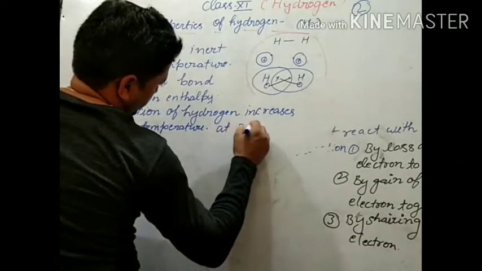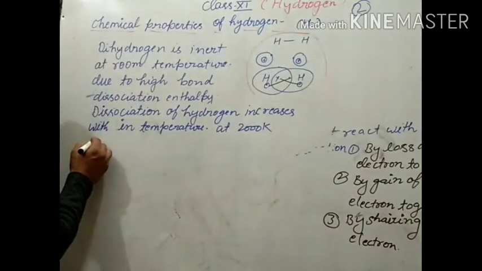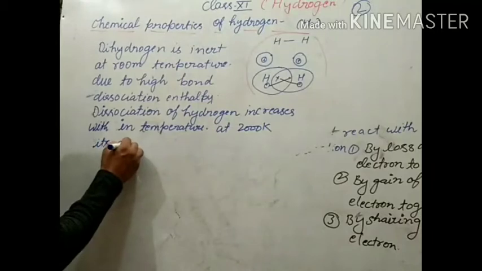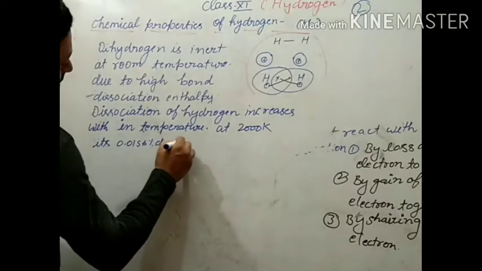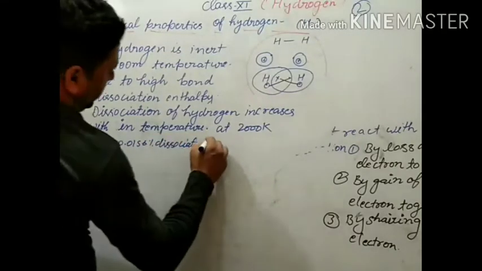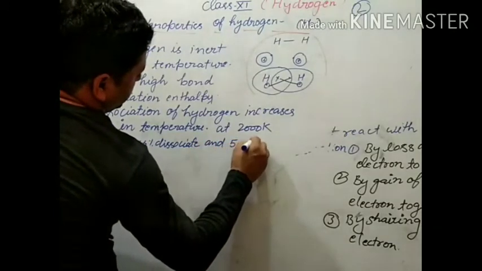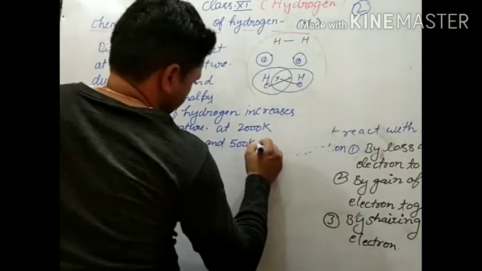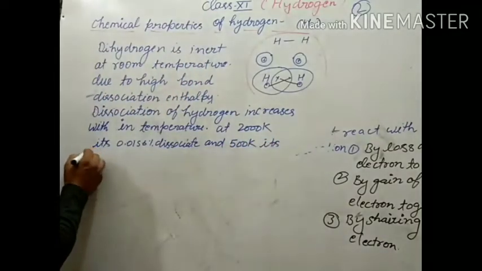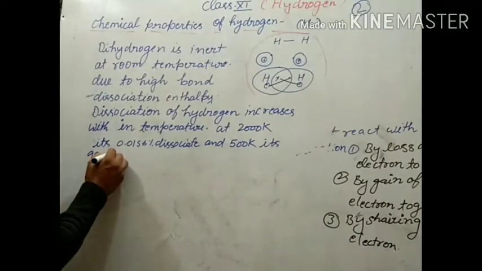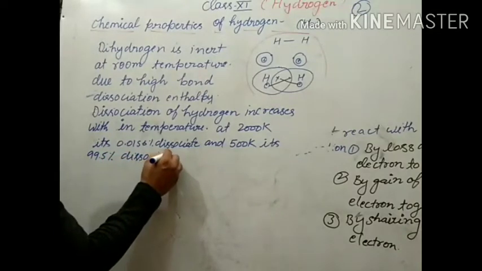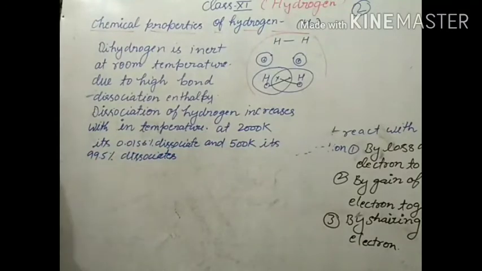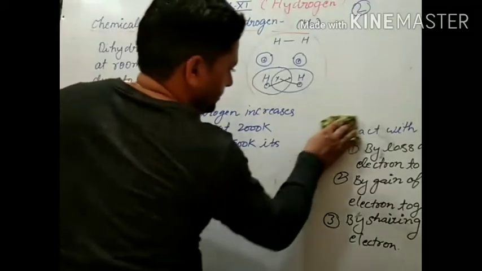At 2000 Kelvin, 0.156% dissociates, and at 5000 Kelvin, 99.95% dissociates.